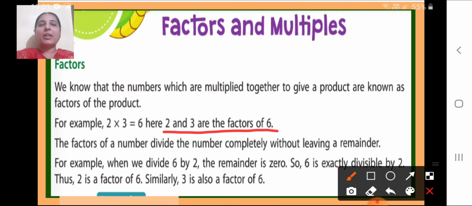Then the factor of a number divides the number completely without leaving a remainder. If we divide this number 6 by 2, it will be completely divisible. And similarly, if we divide 6 by 3, that will also be completely divisible. So here number 2 and 3 are the factors of number 6.